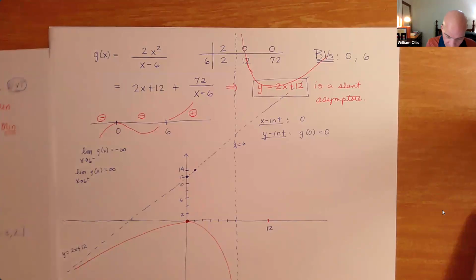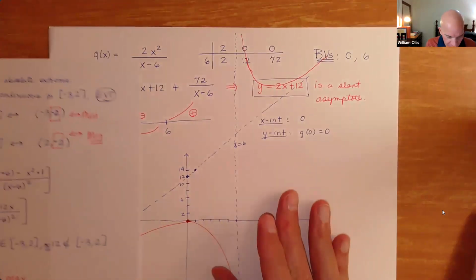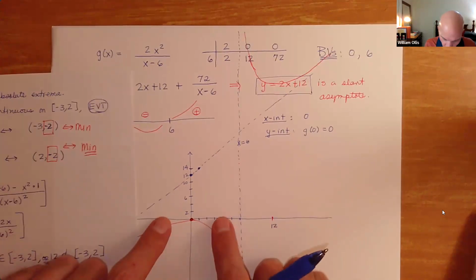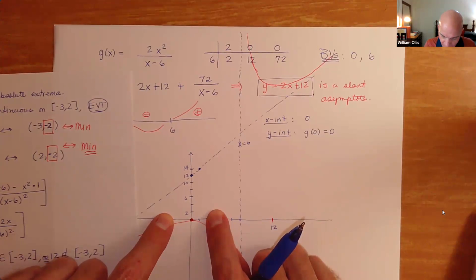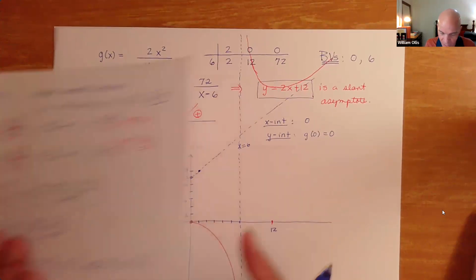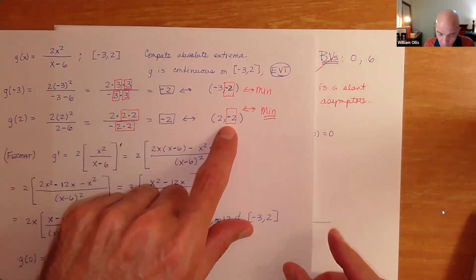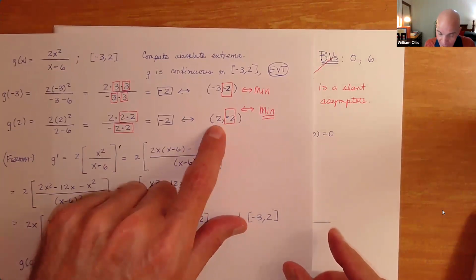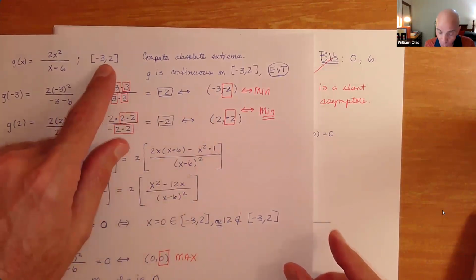So what we're seeing here, if we just stick to -3 to 2, which is right here, we get all that we need, and we're seeing that the minimum occurs in this case at -3 and 2, which are endpoints.